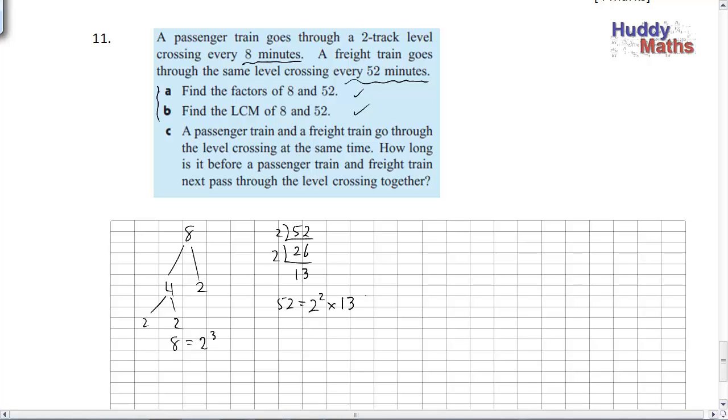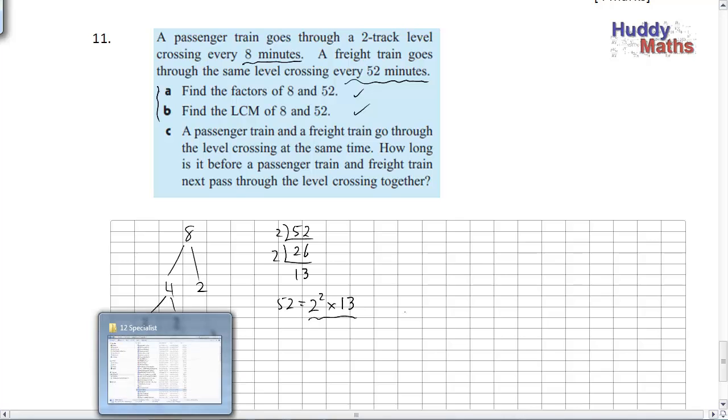Okay, find the factors of 8 and 52. Well, we found the prime factors there. So we haven't got all of the factors, so we better have a look at the factors of 8 differently. I'm doing this really to get the highest common factor or lowest common multiple.